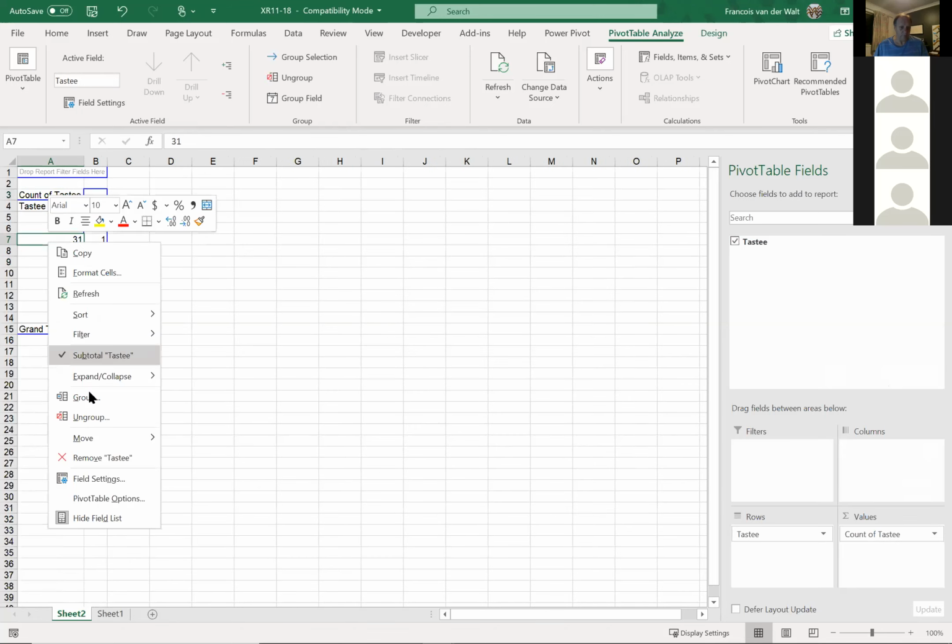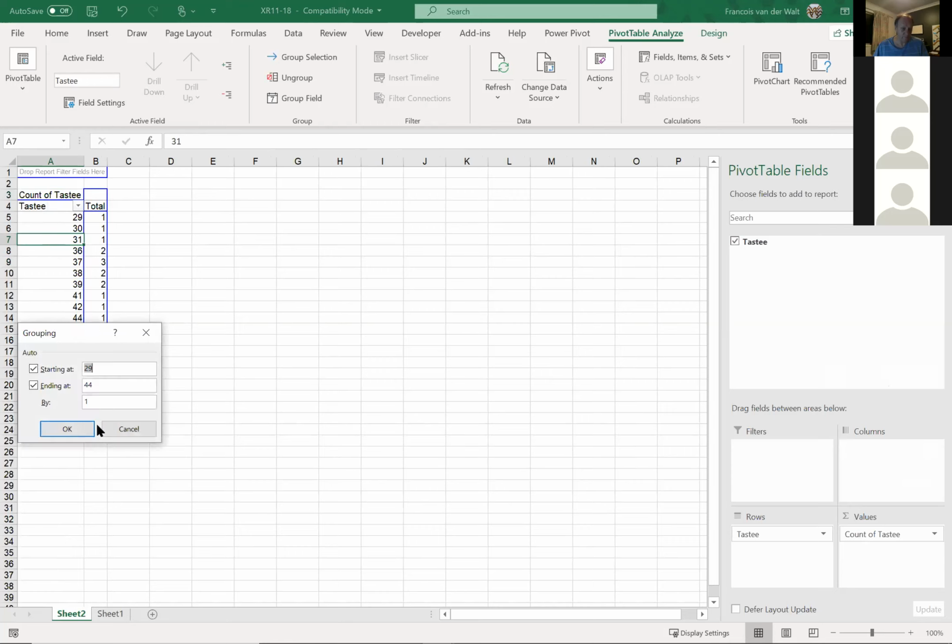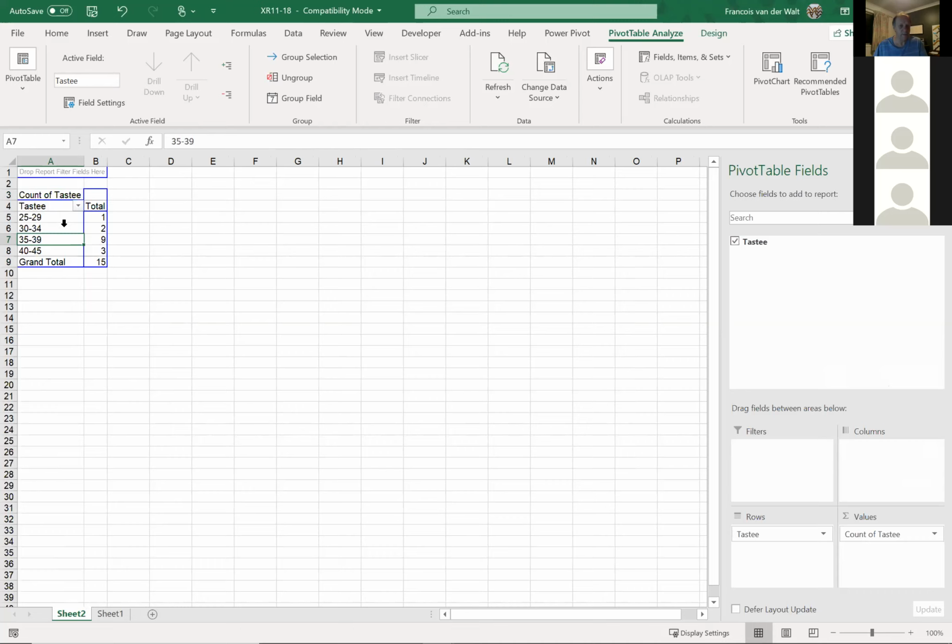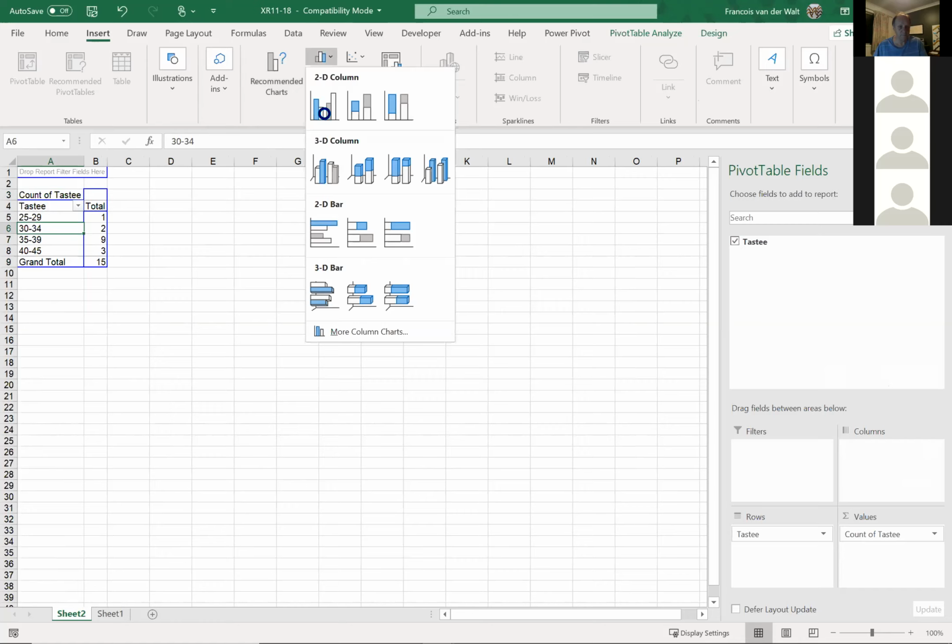The group, I'm going to round this down to 25 and round this up to 45 and make this groups of 5. That seems to make sense. Let's see. Yeah. And I can insert the graph. Yeah, that looks pretty normal.